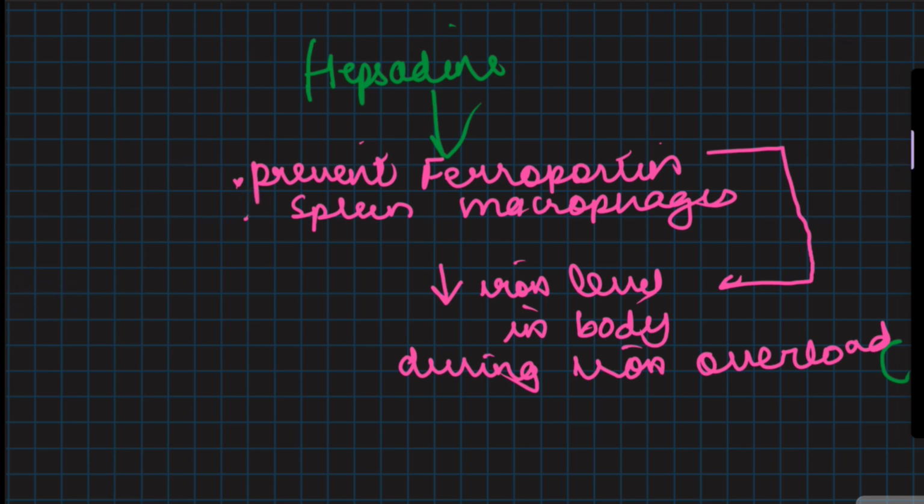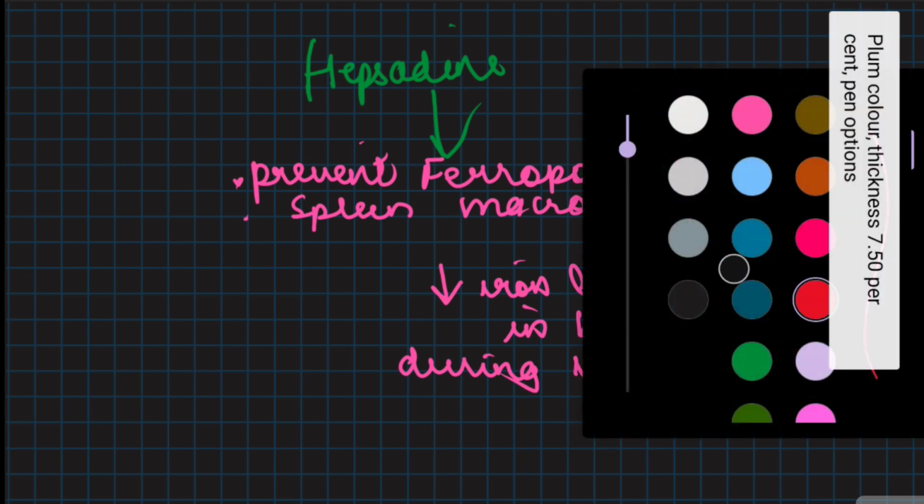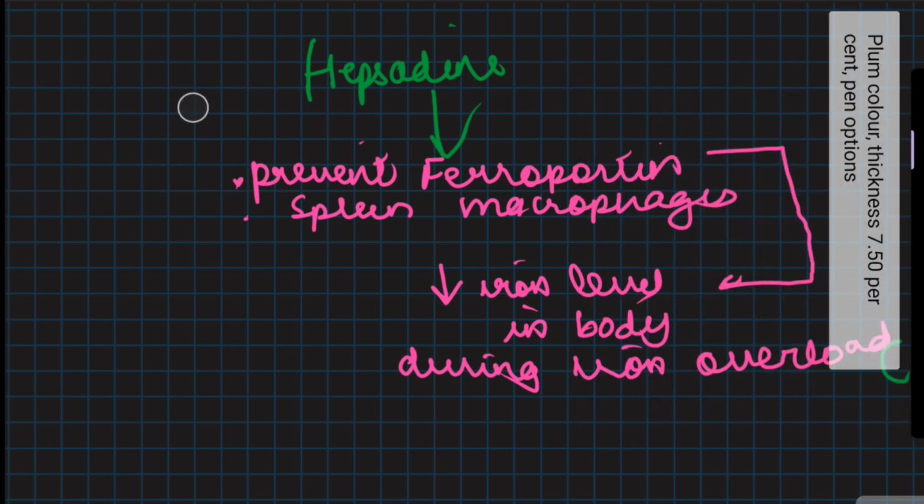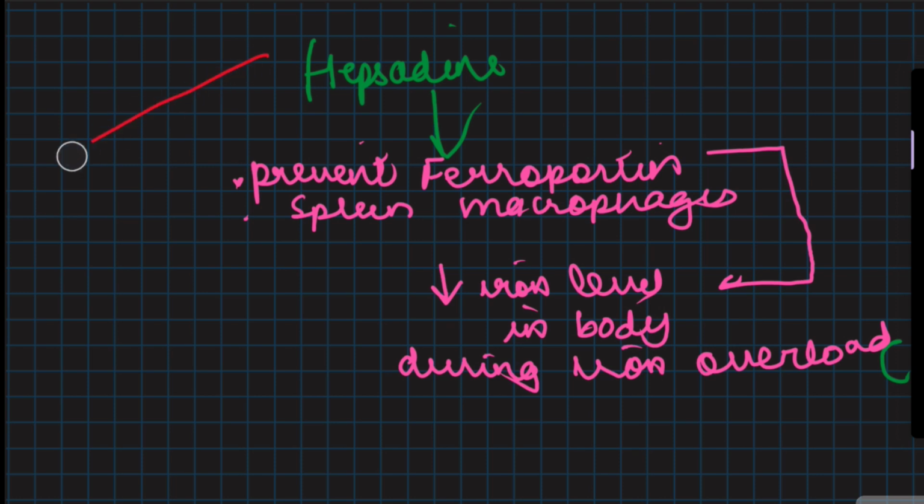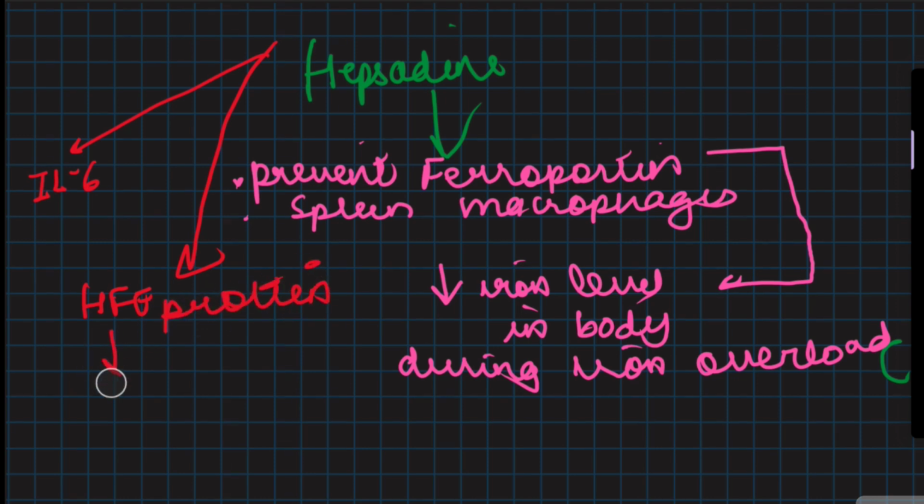Mainly there are two things which enhance the effect of hepcidin. They are interleukin 6, something called as HFE protein. Now this protein produces hepcidin.